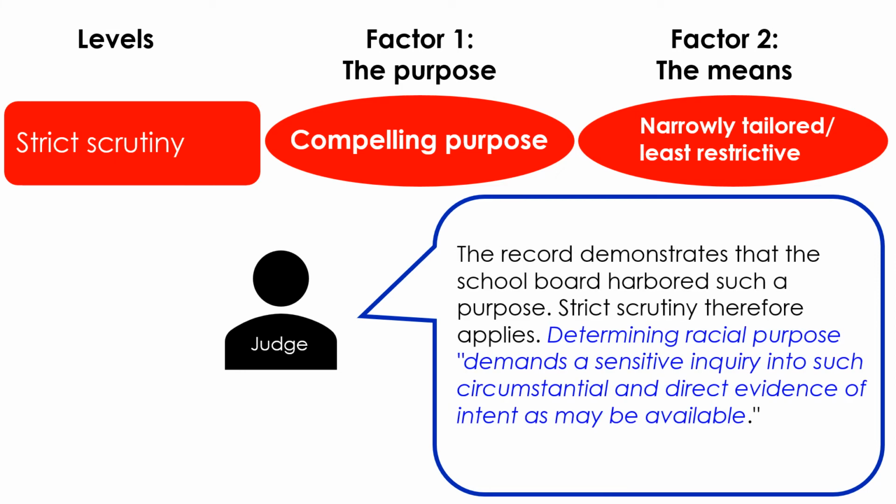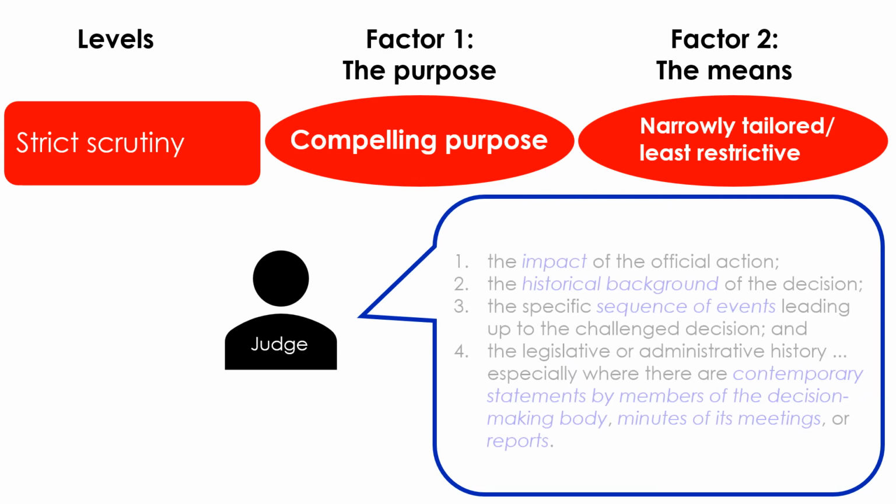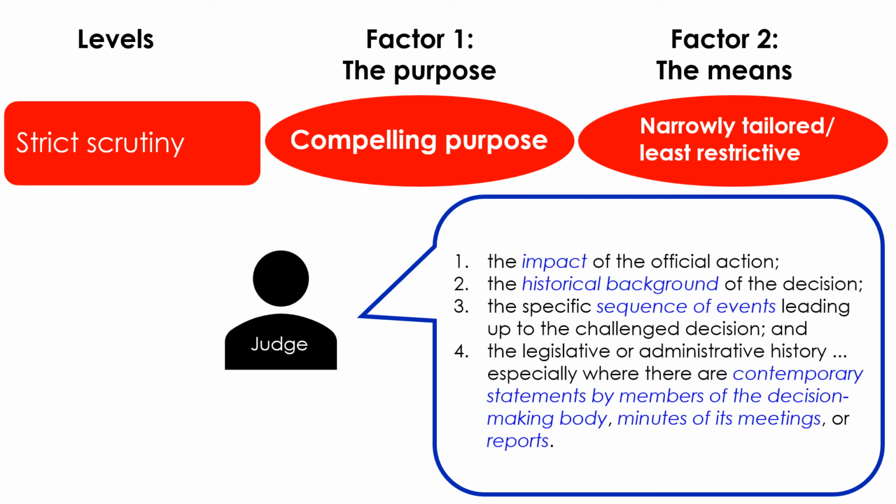The record demonstrates that the school board harbored such a purpose. Strict scrutiny, therefore, applies. Determining racial purpose demands a sensitive inquiry into such circumstantial and direct evidence of intent as may be available. Relevant factors include, first, the impact of the official action.